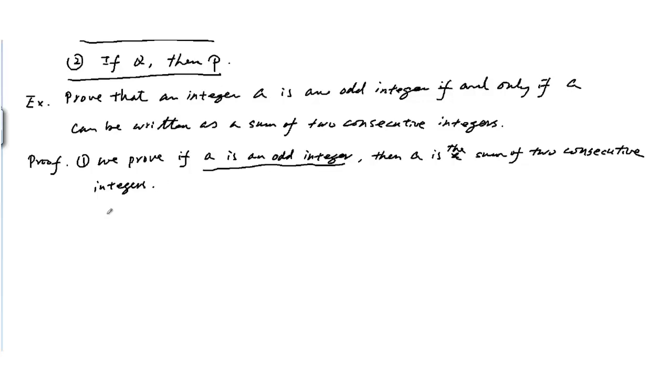We mentioned that before, how to write an odd integer, right? Because a is an odd integer, a can be written as 2k plus 1. But now 2k plus 1 can be written as k plus k, that's 2k, plus 1. So using the associative law, you can say k plus, and then k plus 1.